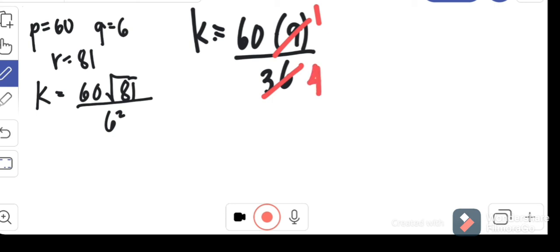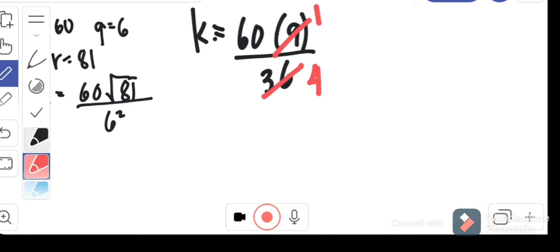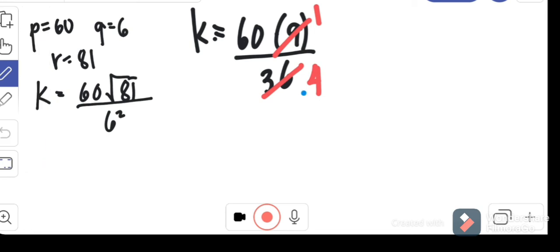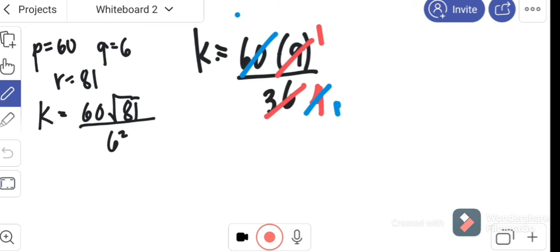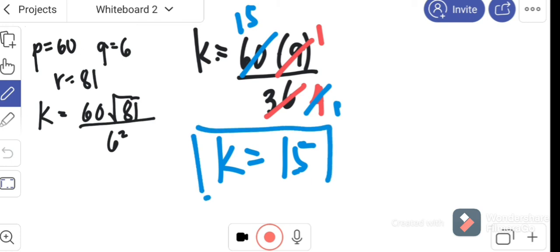Next, 4 and 60 are still divisible with each other. 60 divided by 4 is 15, and this is 1. So in the numerator, we have k equals 15 times 1. 15 in the denominator is 1. That's also 15. K is equal to 15.